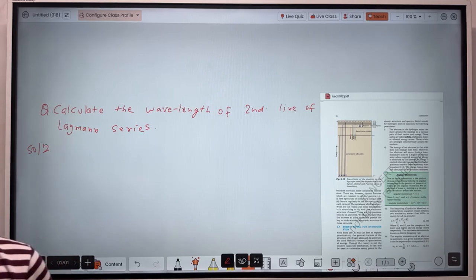Firstly, read the question carefully, then after that I will tell you how to solve this question. And this question is very easy. There is no difficulty.